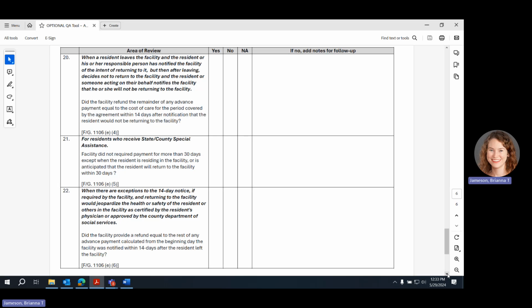There is space to check yes, no, or not applicable. And if no is checked, there is space to add notes on the right-hand side of the page.